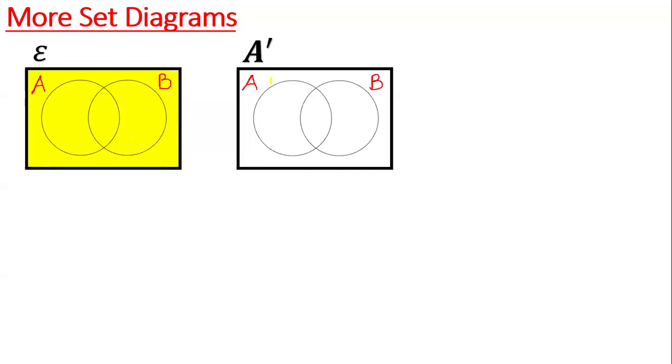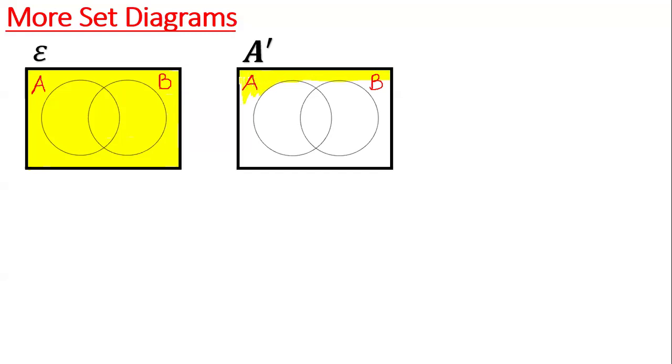A complement means that we are only going to consider everything in the universal set except for A. So it means that we do not include that circle that contains A. We don't consider that.